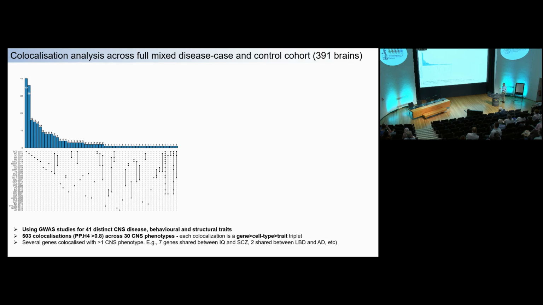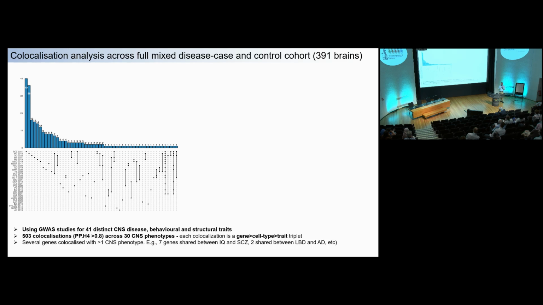In this UpSetR plot, the vertical lines are situations where we find genes in common across different phenotypes. We found 7 genes, for example, were shared between IQ in healthy populations and risk of schizophrenia.